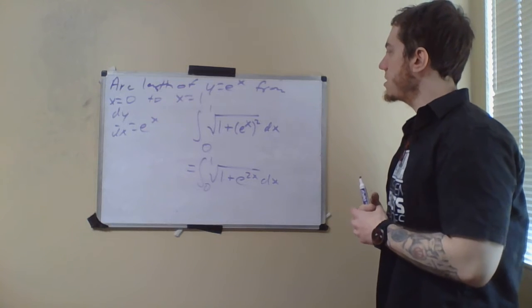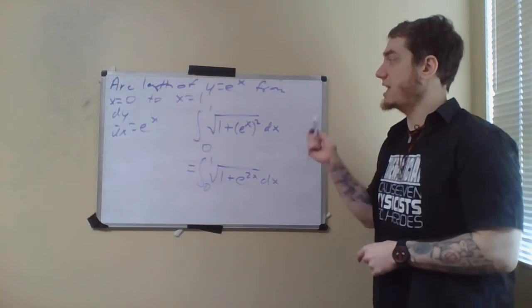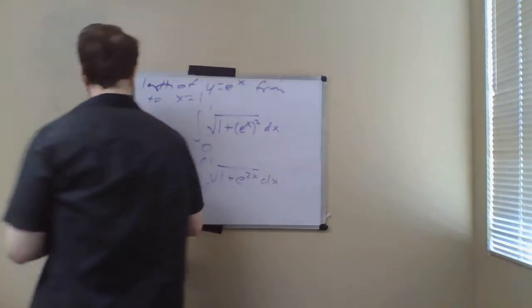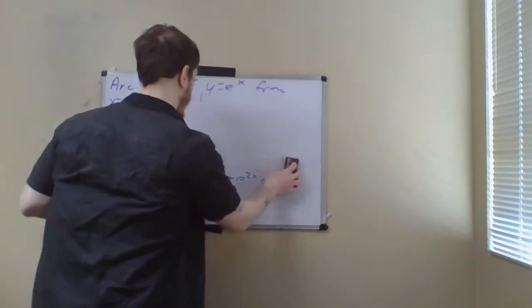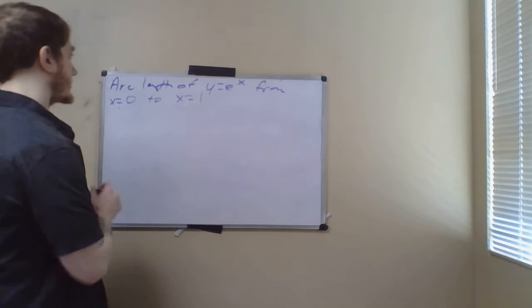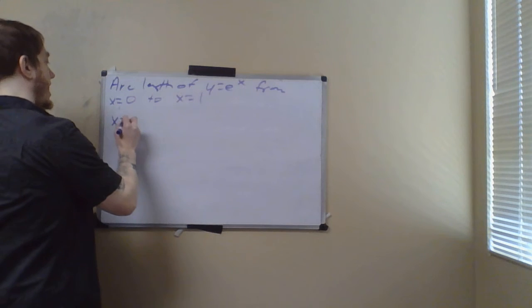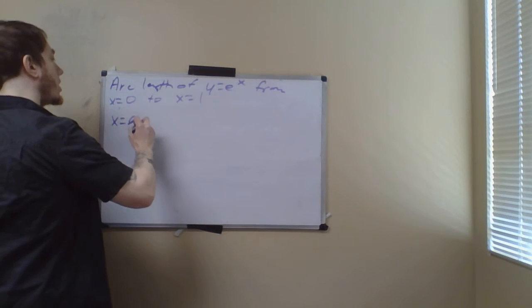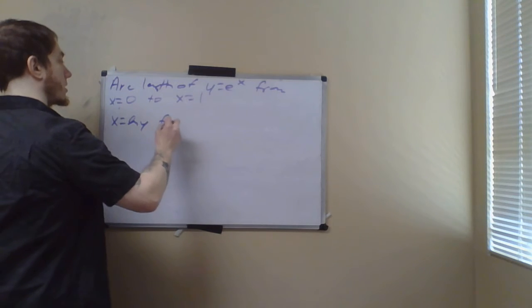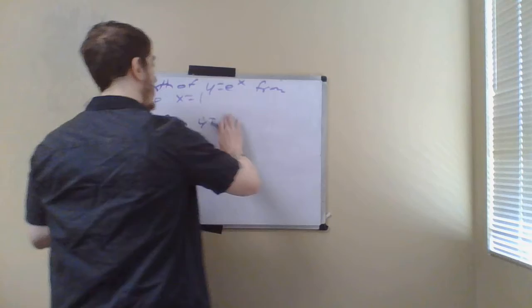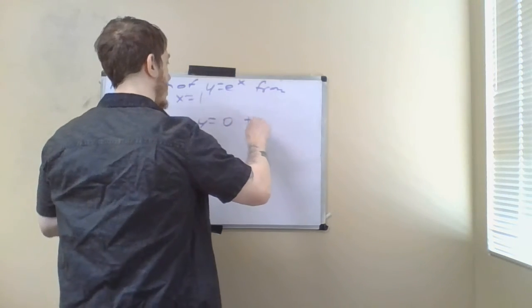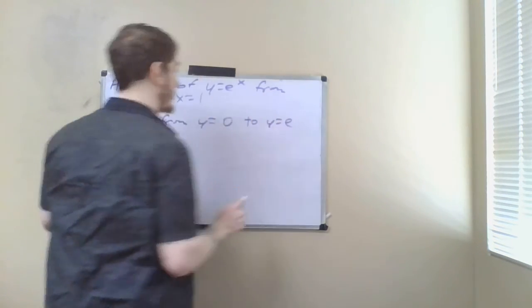Now, there's another way of doing this problem once again, because you'll notice that this is equivalent to asking the question, x equals log y from y equals 0 to y equals e.